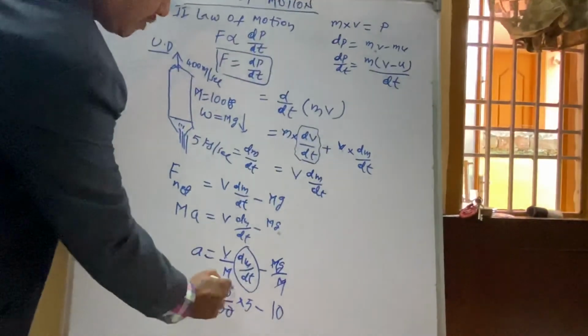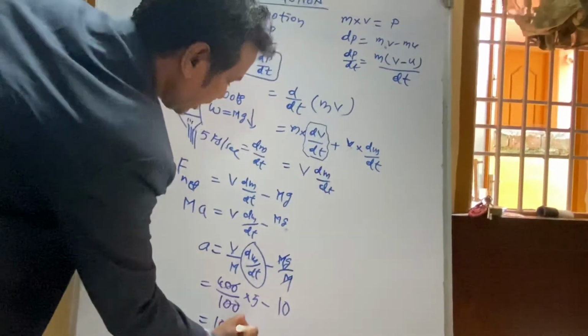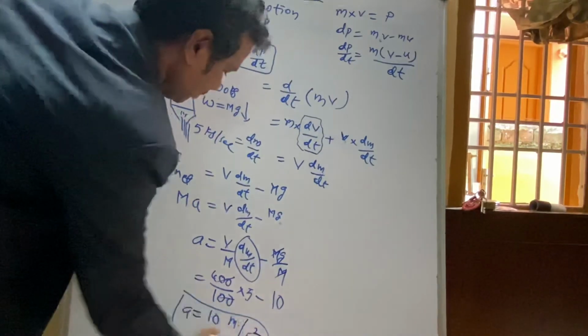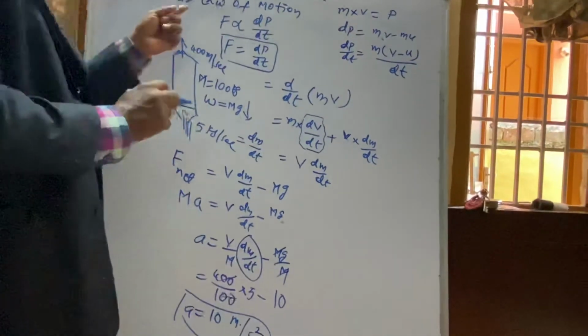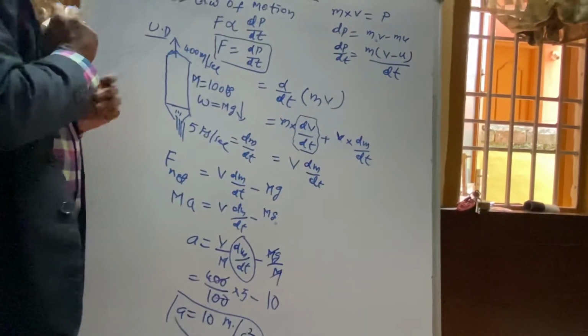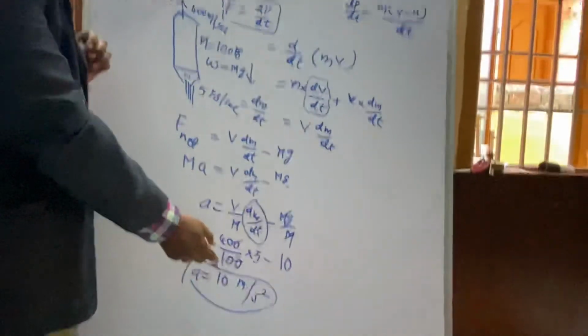After simplification, you get 10 meter per second square. So based on Newton's second law of motion, the acceleration of the rocket is 10 meter per second square.